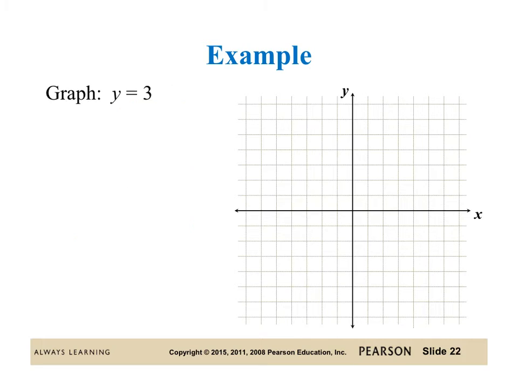So here we have the graph of another odd line where y is equal to 3. That means if I say, okay, I'm going to find the y-intercept, let x be 0, well, this is easy. y is equal to 3. But if I choose to let x be 4, y is equal to 3.